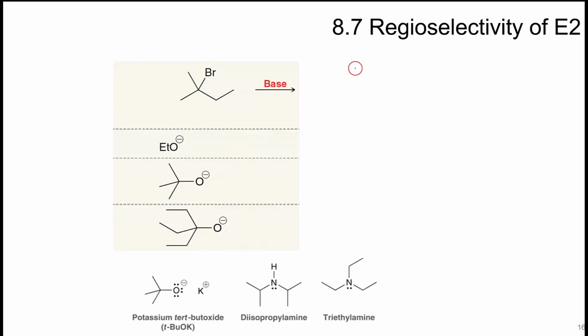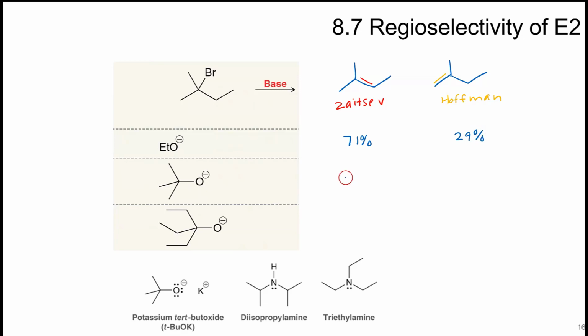Depending on what base you use, you'll get different ratios of these products. This is the Zaitsev product. This is the Hofmann. If you use EtO minus or ethoxide, 71% of your product will be Zaitsev product, 29% will be Hofmann.